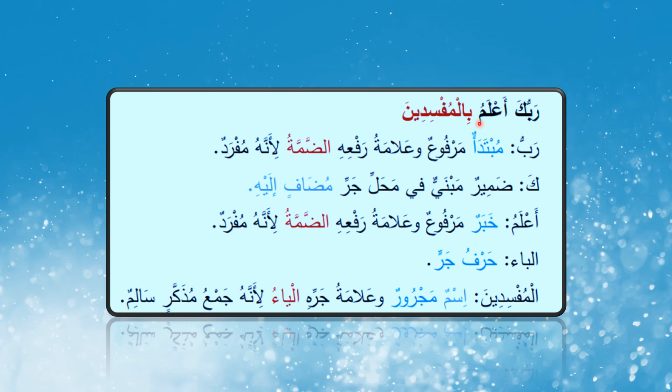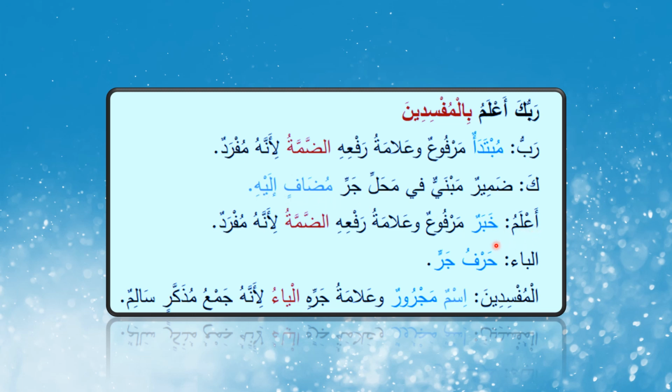Rabbuka a'lamu bil mufsidin. So now you can easily recognize the Jama Muzakkars and the positions. So Rab is mubtada. Since you can see the dhamma, it's singular and it's in marfu position. The kaf, damir added with Rab. Remember the pronoun which is attached with a noun falls under idafa. It makes an idafa with a noun and the pronoun falls in mudaf ilayhi position. So it's damir mabni fi mahalli jar mudaf ilayhi.